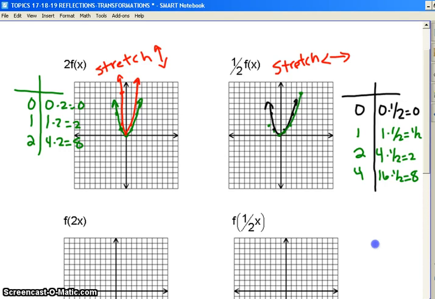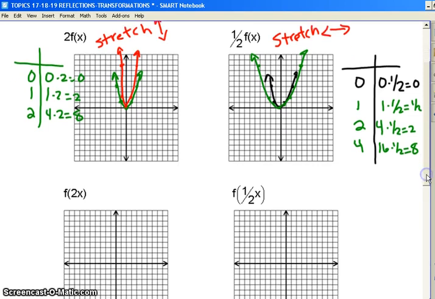So my graph is wider. So if you have a number on the outside of your function, it's going to give you a stretch of some kind.